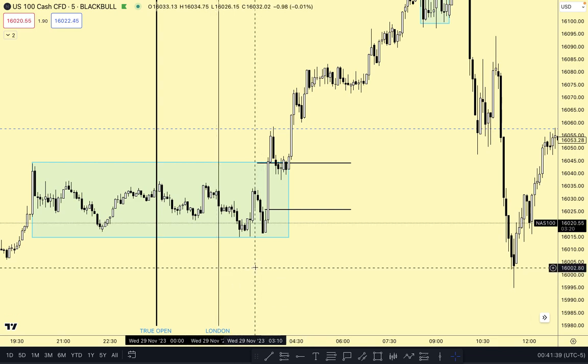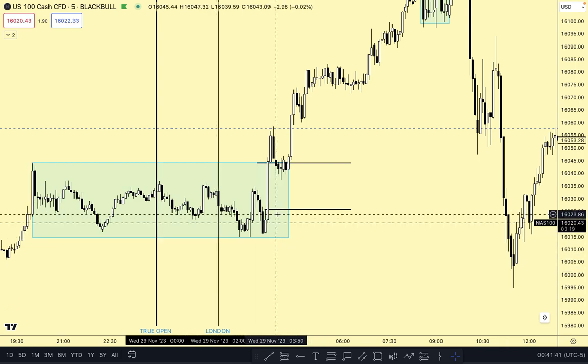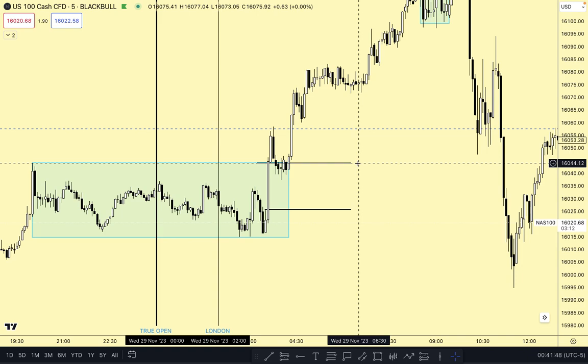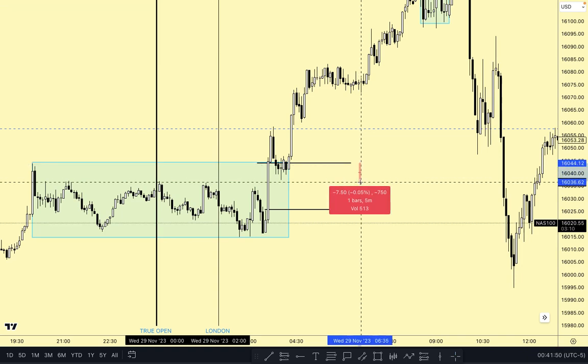And then this was silver bullet time. Silver bullet time. Not much heat on the trade. That's just seven points here.